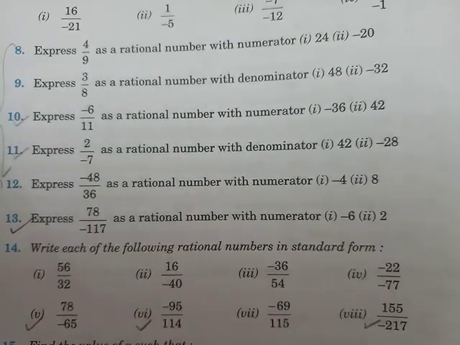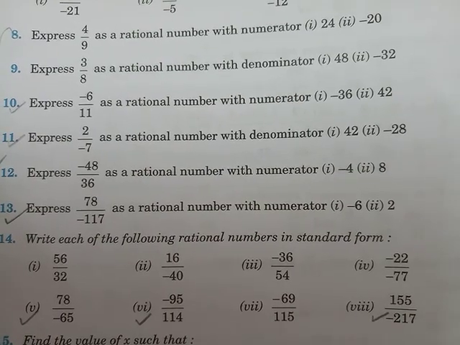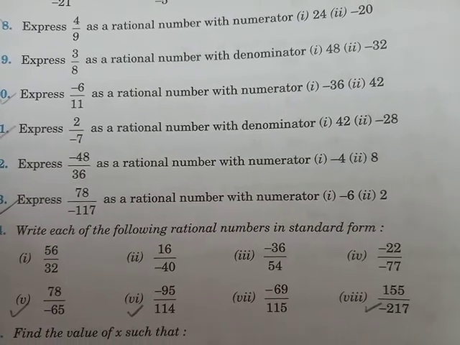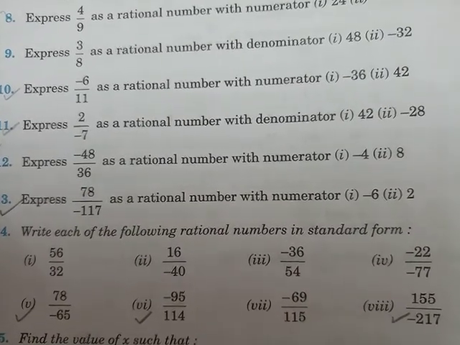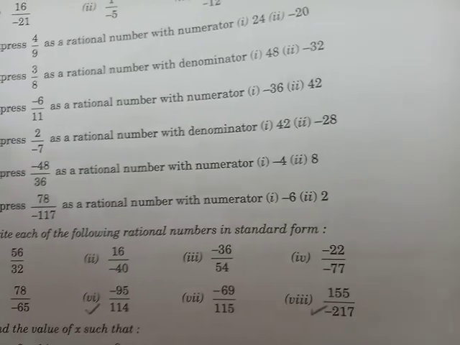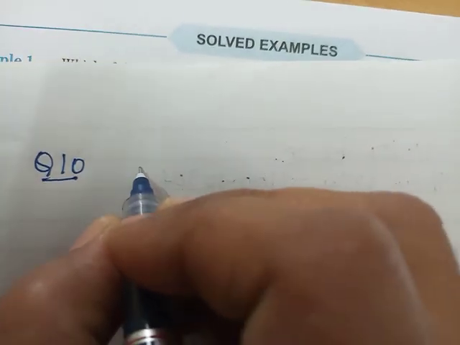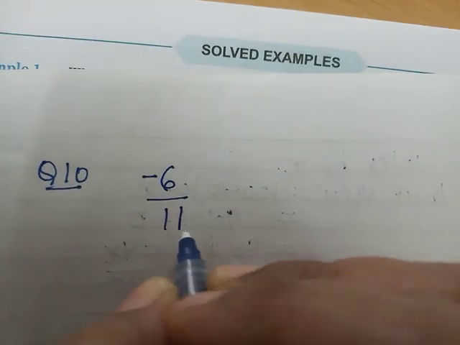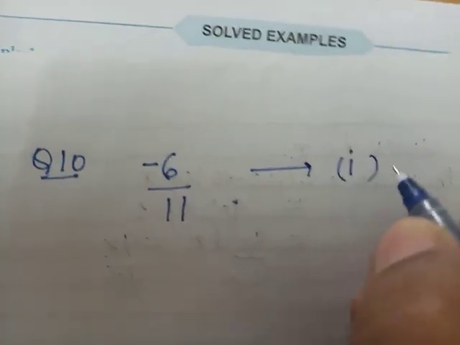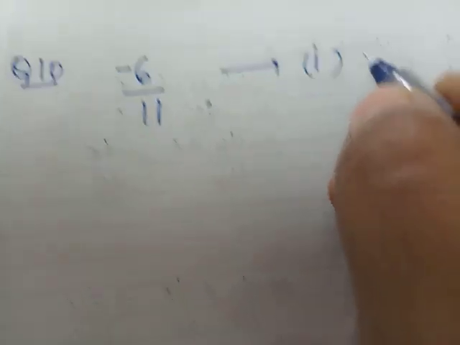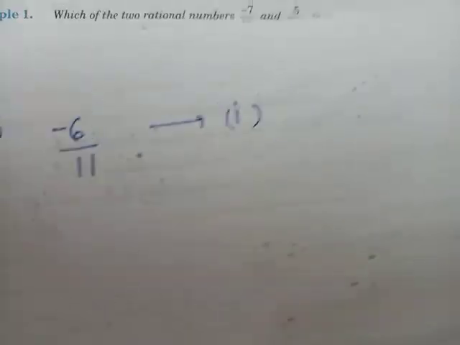I start with question number 10. Express minus 6 by 11 as a rational number with numerator minus 36 and 42. So question number 10 has two parts. How do we solve it? The given rational number is minus 6 by 11. In the first part, we have to convert the numerator into minus 36.